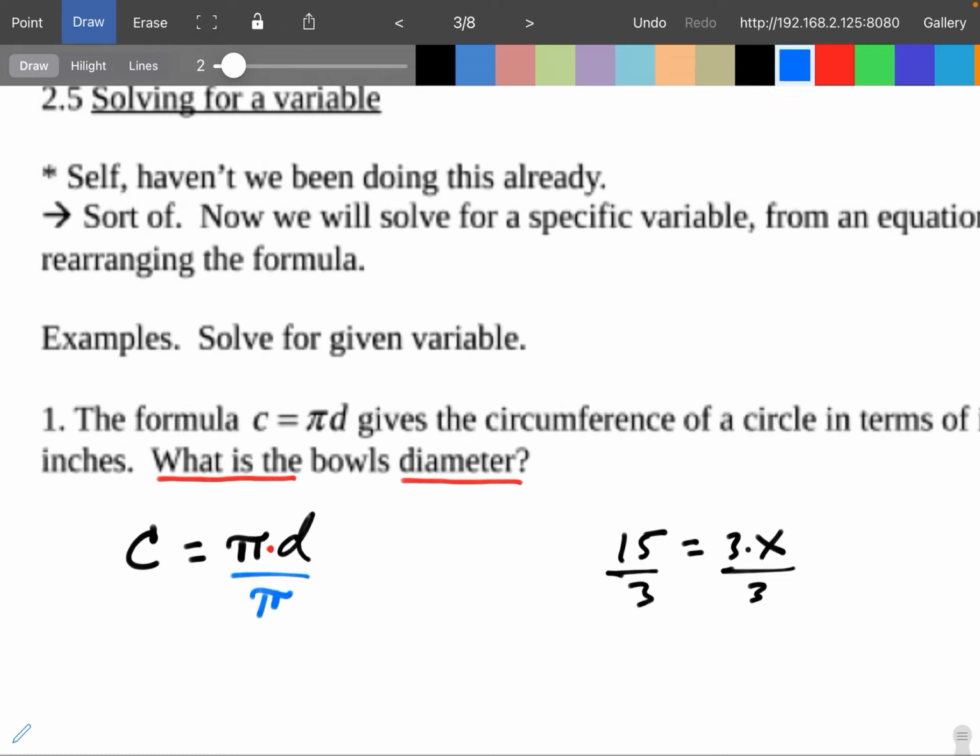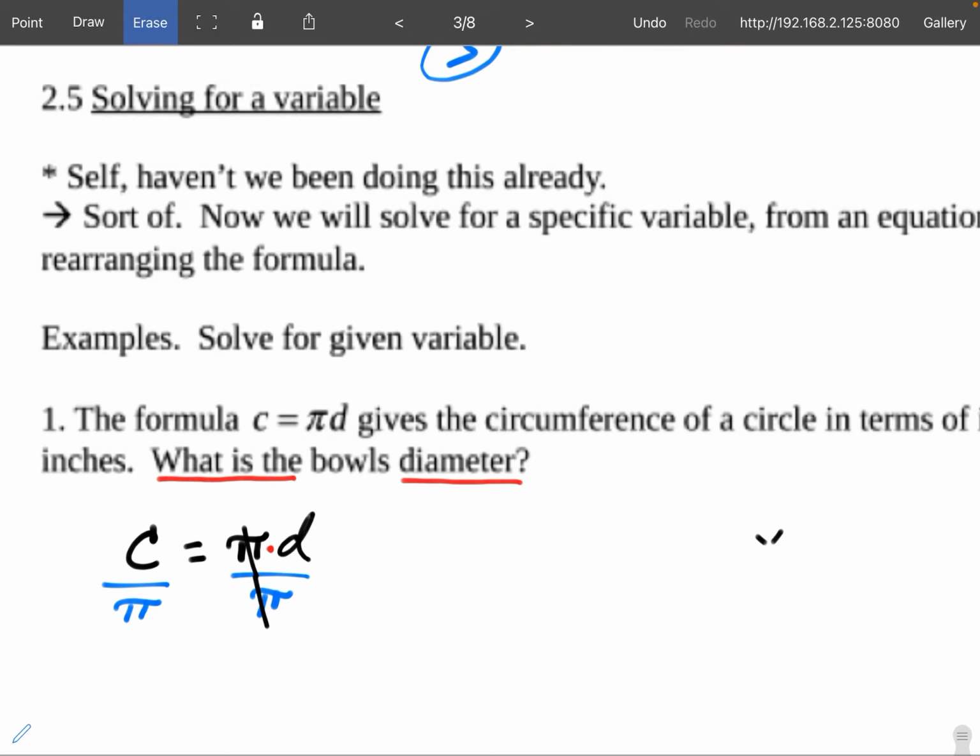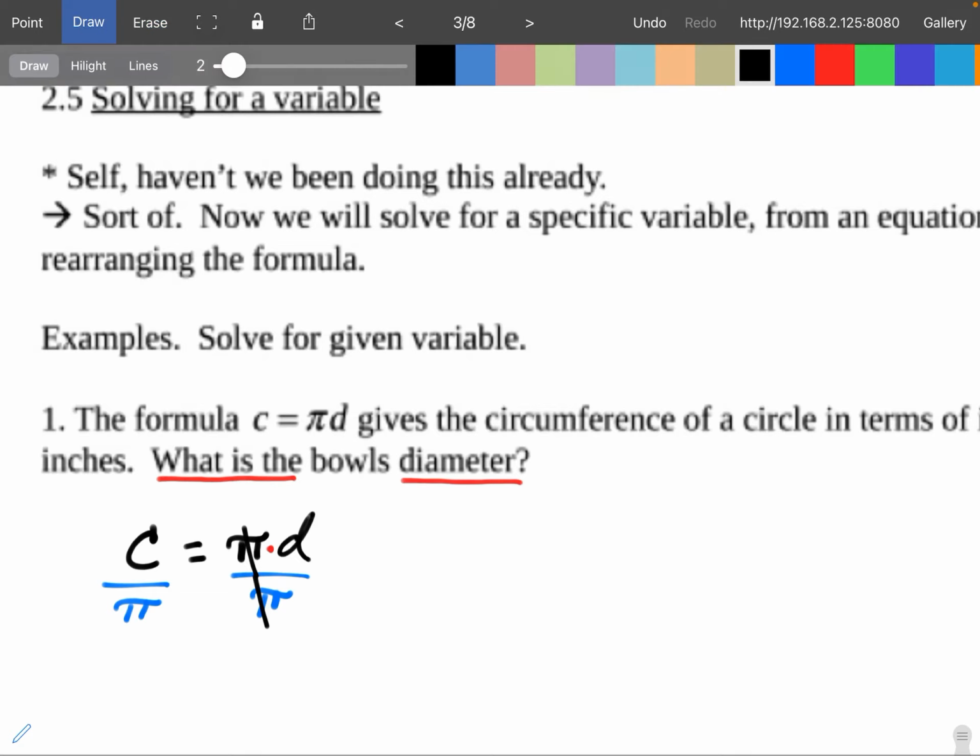Same idea here. You're just going to divide both sides by pi. And just like over here, the 3's cancel out and make a 1, the pi divided by pi cancels out. Pi over pi is 1.